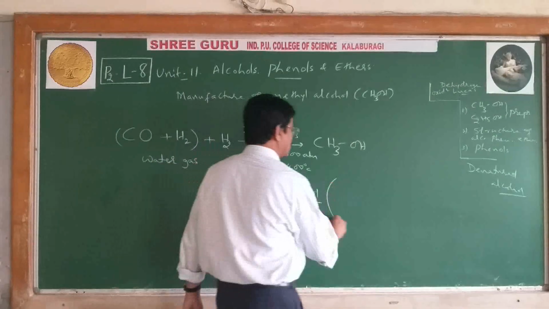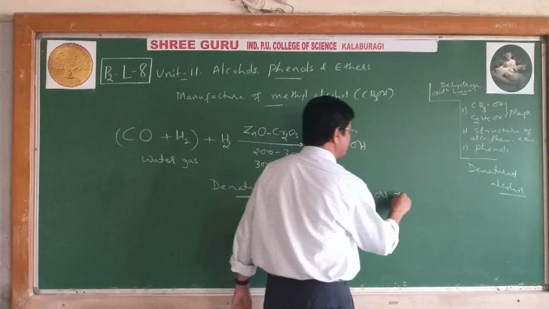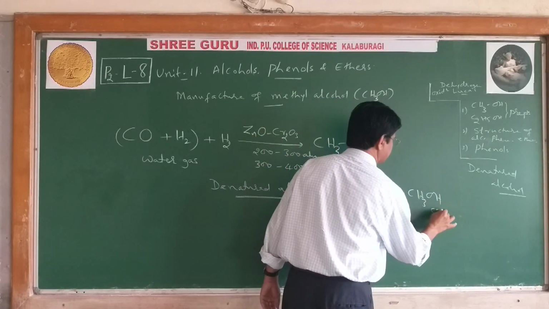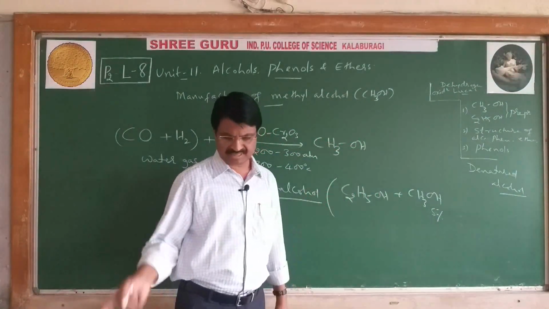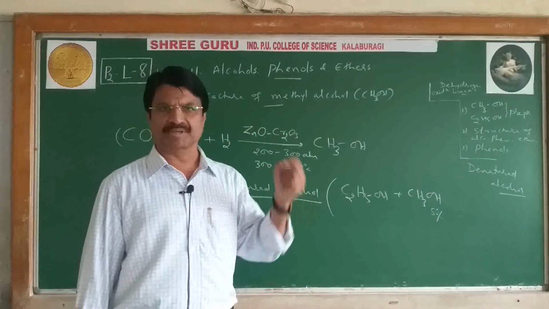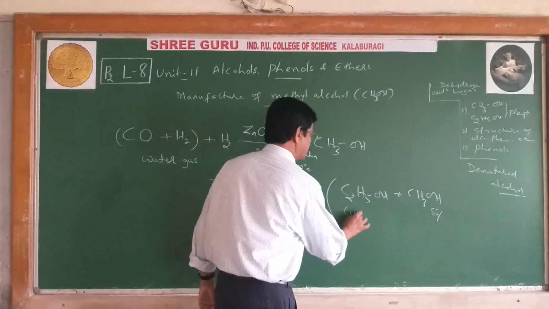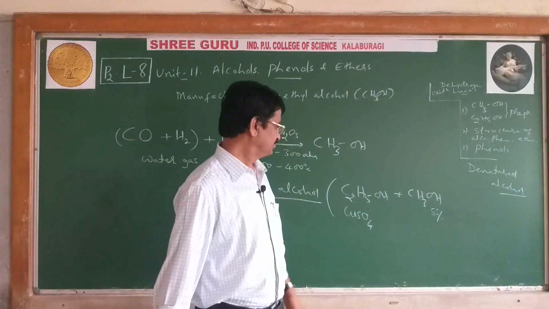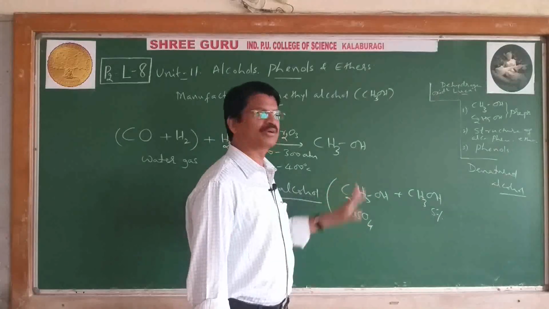Actually, ethyl alcohol is mixed with about 5% methyl alcohol. Ethyl alcohol is made unfit for drinking by mixing with 5% methyl alcohol, a few crystals of copper sulfate, and crystal violet, which produces some color in the alcohol.